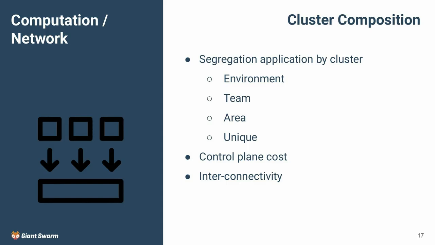But all of them have pros and cons. And you need to understand what the implications on cost are, right? There will be costs associated with having a unique cluster that are related to the number of nodes and node pools that will have to grow, and how to manage a big cluster is also something you have to be careful about.